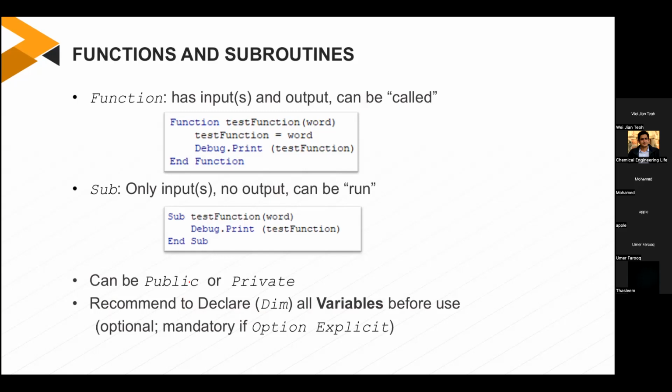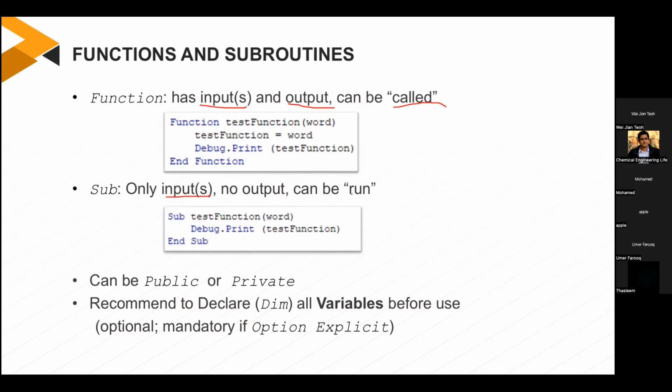The difference between a function and a sub at this stage is that a function has input and output. And the term to use is call. I call function 1. I call function 2 with this input, with input A, B, C. So that's the terms that we use. In a subroutine, there's only an input but no output.